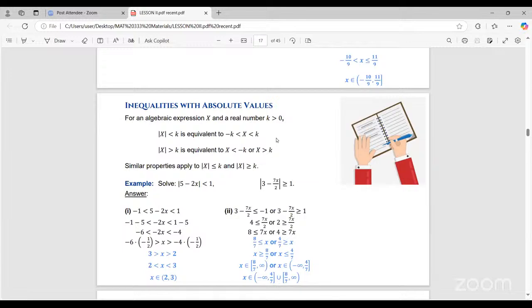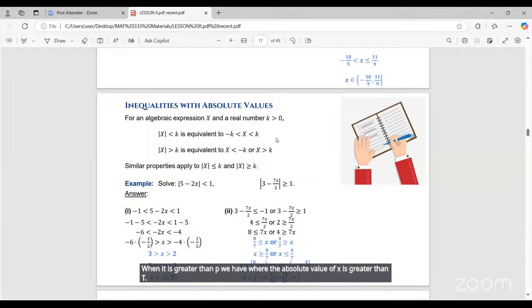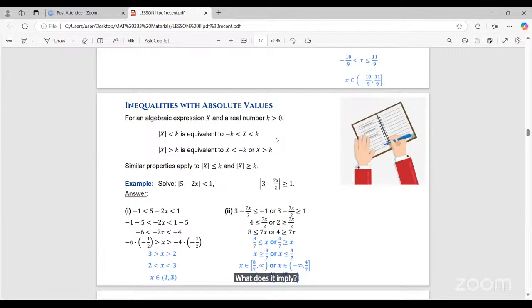When the absolute value of x is greater than k, what does it imply? They've not told you k is 0, and they've not told you it is negative.